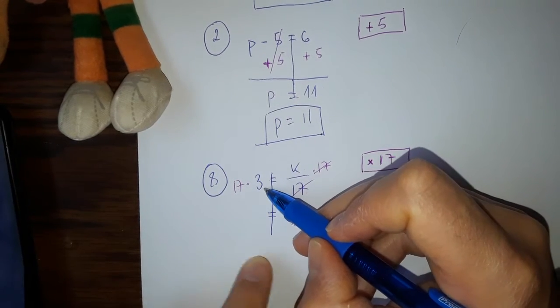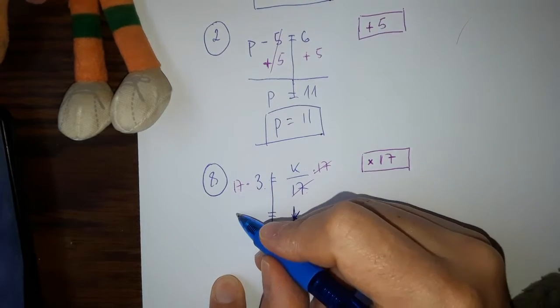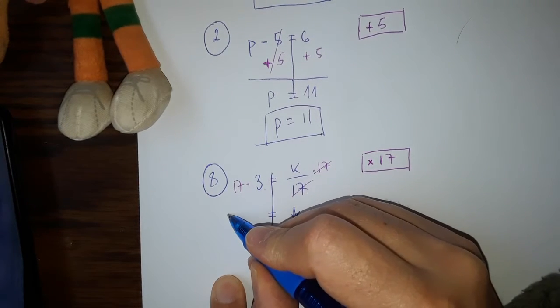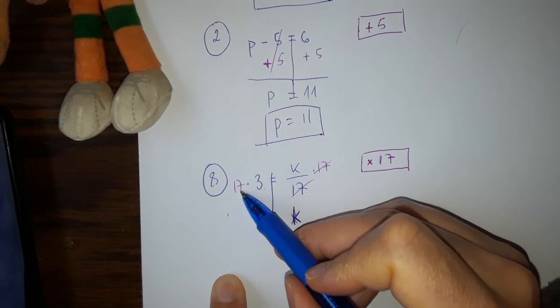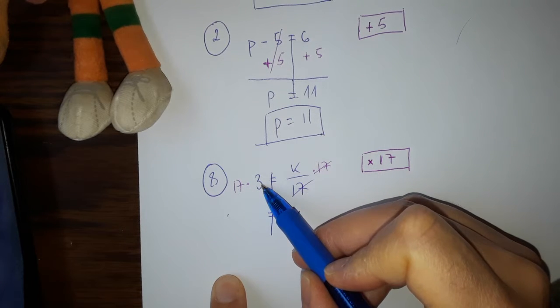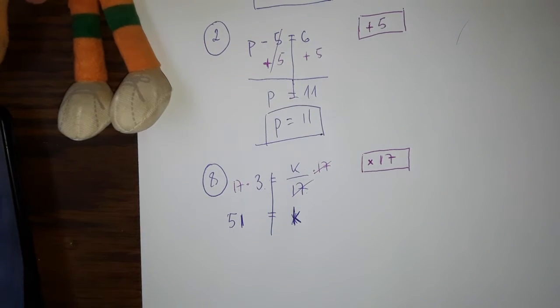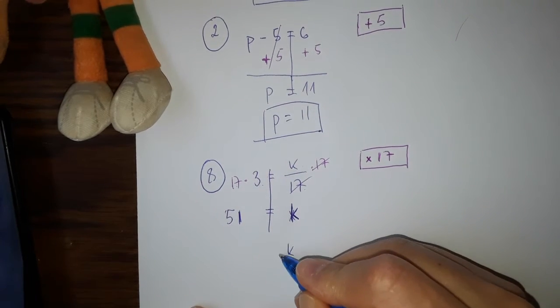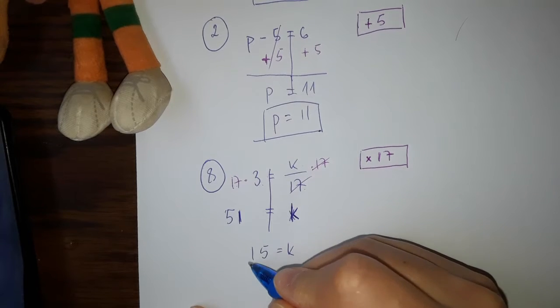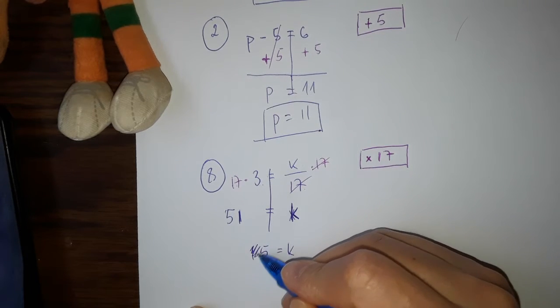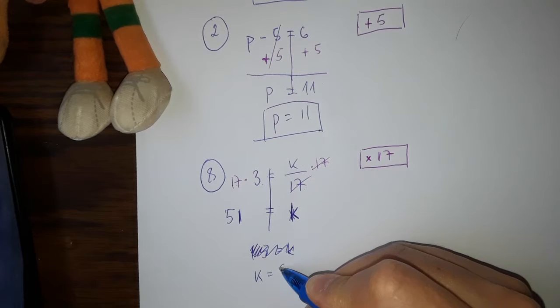That's 3 times 10, it's 30, and 7 times 3 is 21. 30 plus 21, it's 51. Right? So K is 51. Oh my God. K equals 51. That's it. Okay?